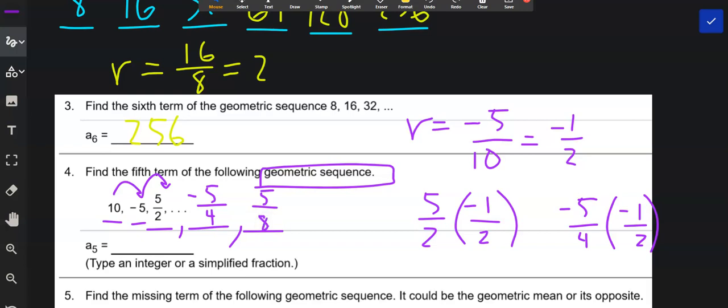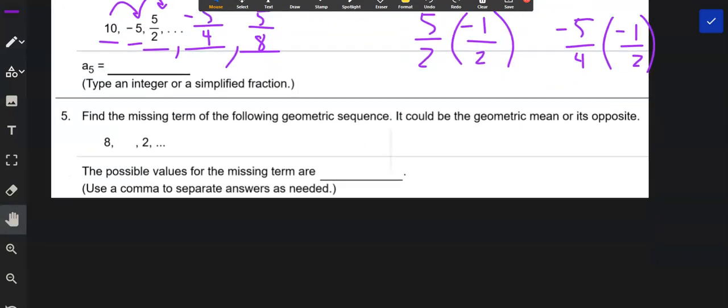There you go. You're multiplying across the bottom and across the top. Now, do you notice that those alternate back and forth? One's positive, then negative, then positive, then negative, back and forth. That is a dead giveaway that you are multiplying by a negative number. It never happens with arithmetic. It only happens with the geometric by a multiplier that's negative.